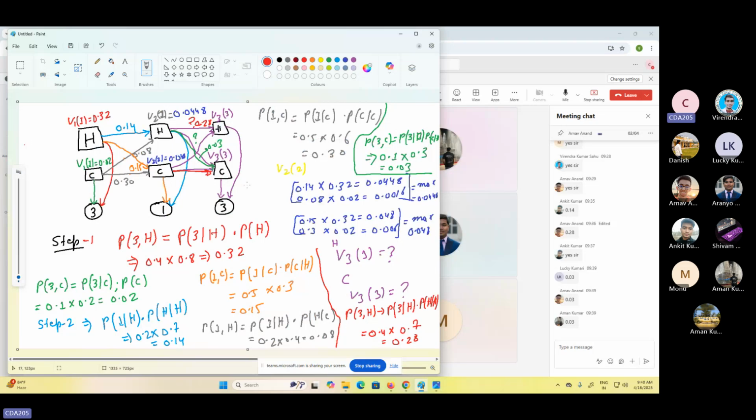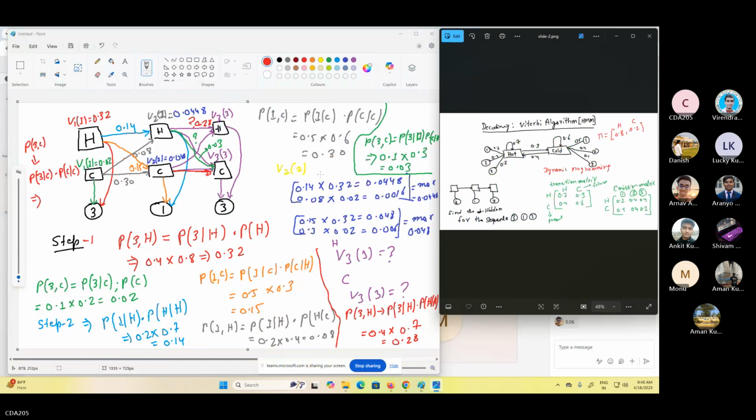So it is P 3 comma C. So it will be 3 C into C to C. So it will be P C by C. So what will be the value? Yes, 0.06. Good. It is 0.06.